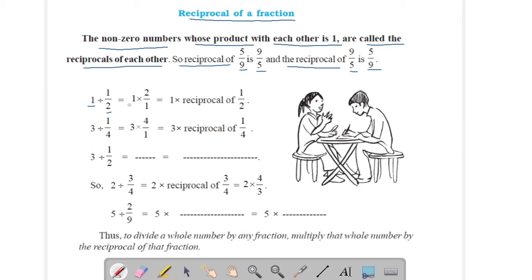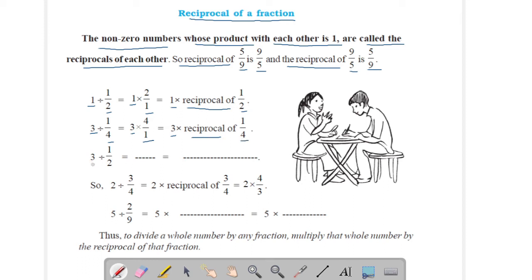So this can be written as 1 into 2 upon 1, which is 1 into the reciprocal of 1 upon 2. Now 3 divided by 1 upon 4 is equivalent to 3 into the reciprocal of 1 upon 4, that is 4 upon 1.